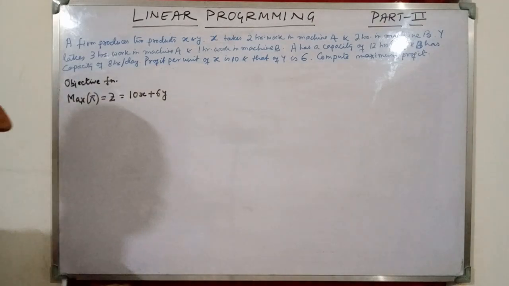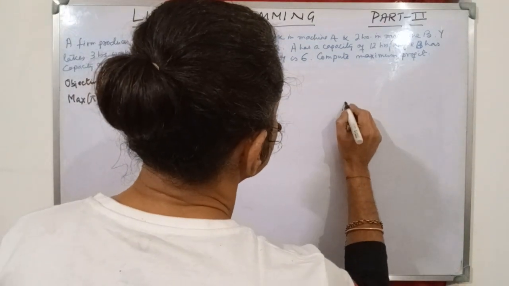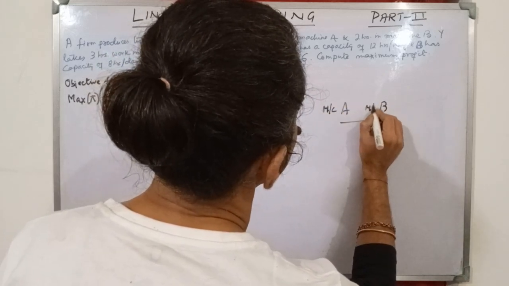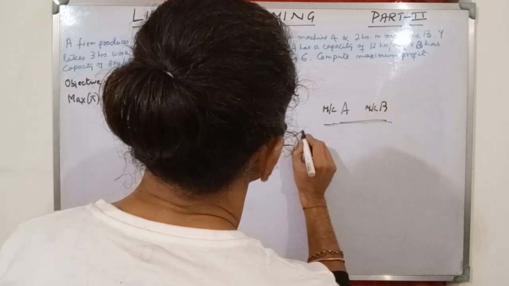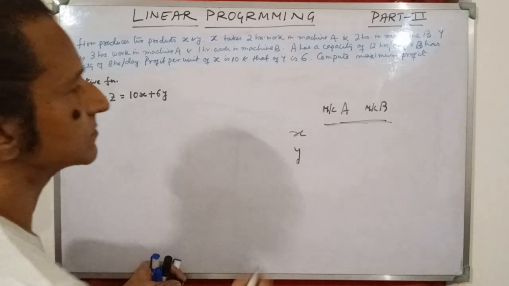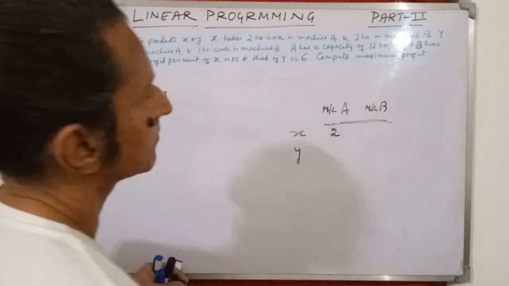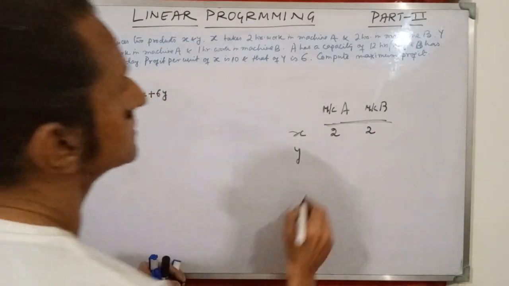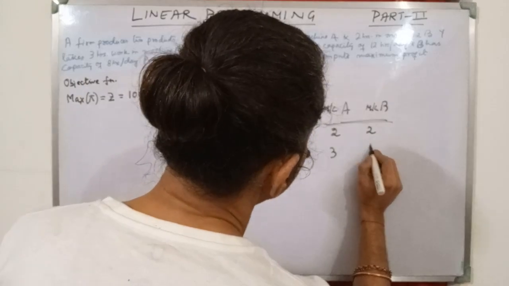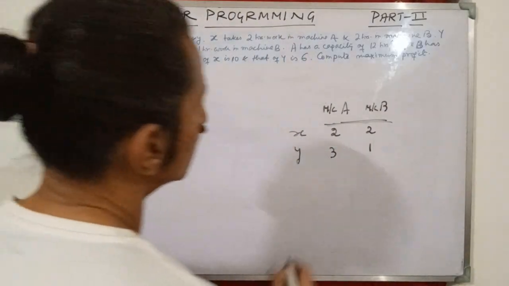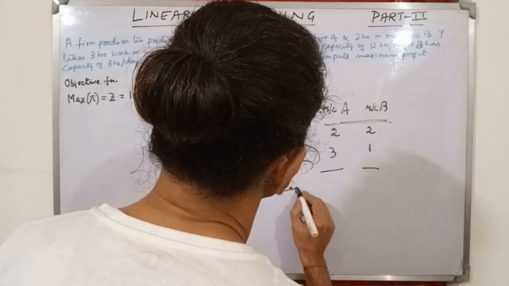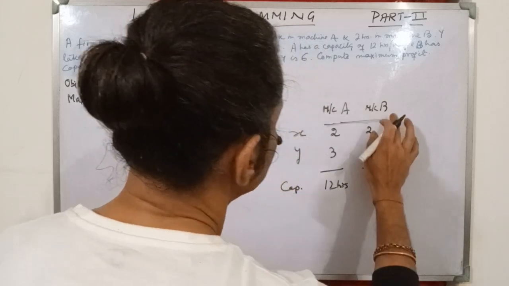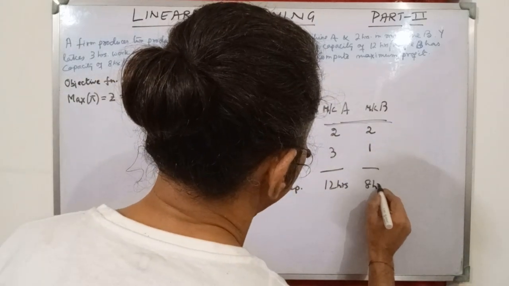Now what are the constraints? Say this is machine A, this is machine B. Product X takes 2 hours in machine A and 2 hours in machine B. Product Y takes 3 hours in machine A and 1 hour in machine B. And the capacity of machine A is 12 hours per day and the capacity of machine B is 8 hours per day.